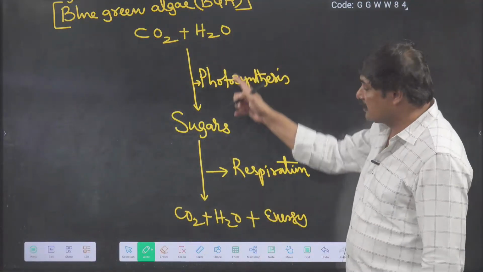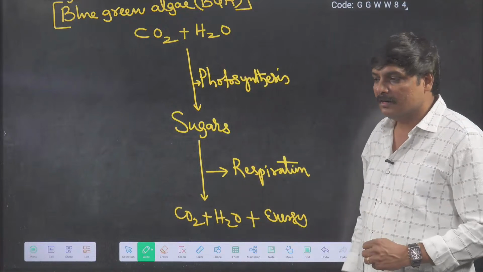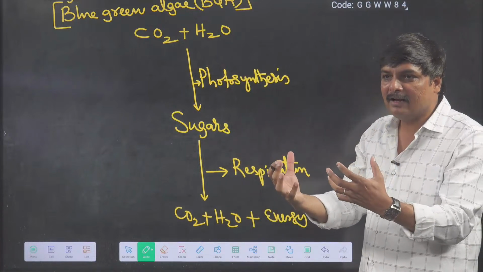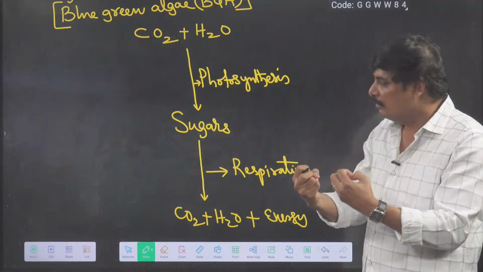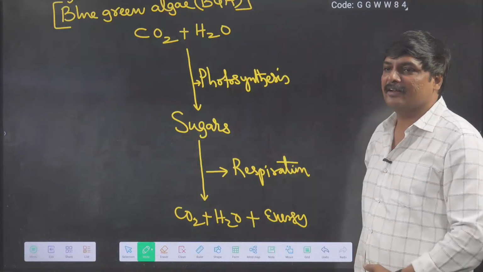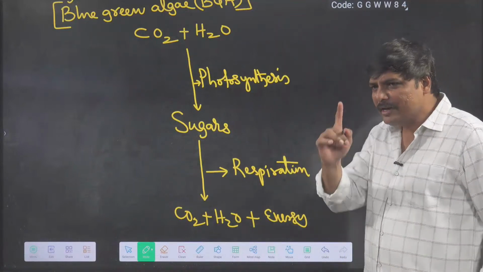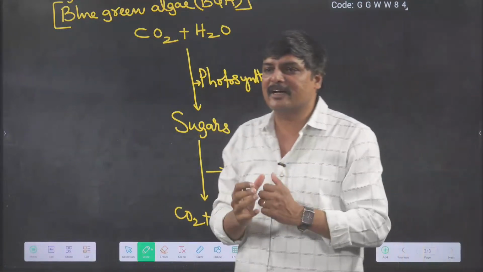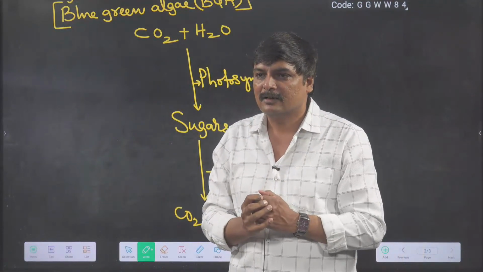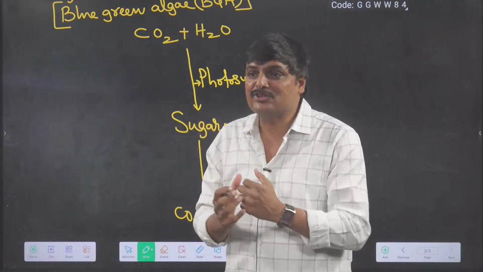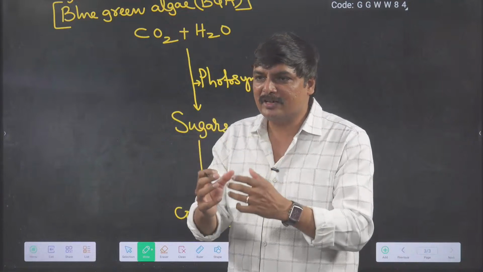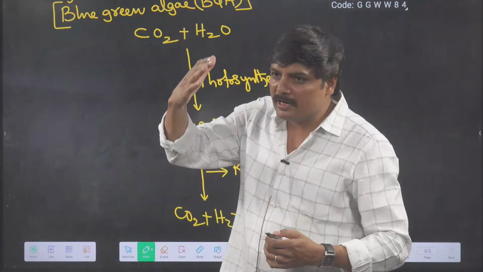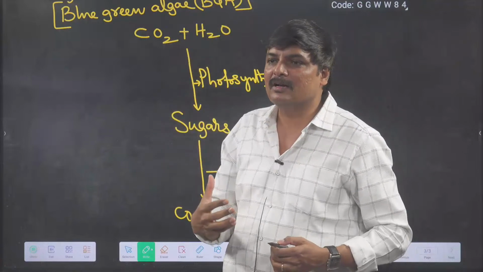Okay, food is synthesized. Then, in order to get that energy, we have to break down that food material. That is a very important point. In photosynthesis, food is synthesized. But we need energy. For energy, these food molecules have to be broken down.